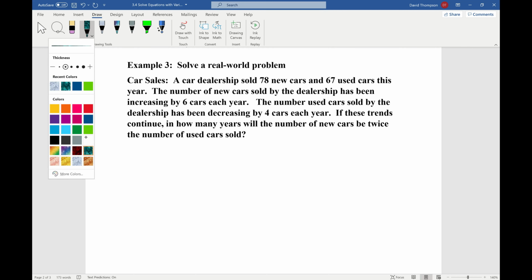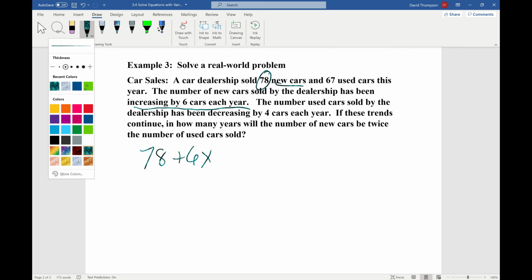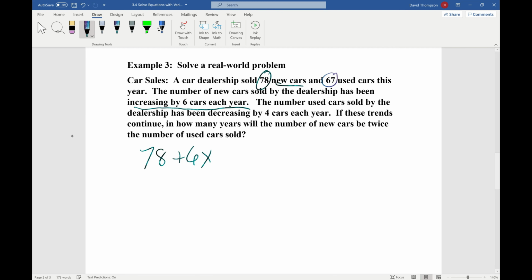It's going to be 78. That's for our new cars. And increasing by 6 cars each year, so that's going to be plus 6x. And the used cars, there are 67 used cars this year, and it has been decreasing by 4 cars each year.